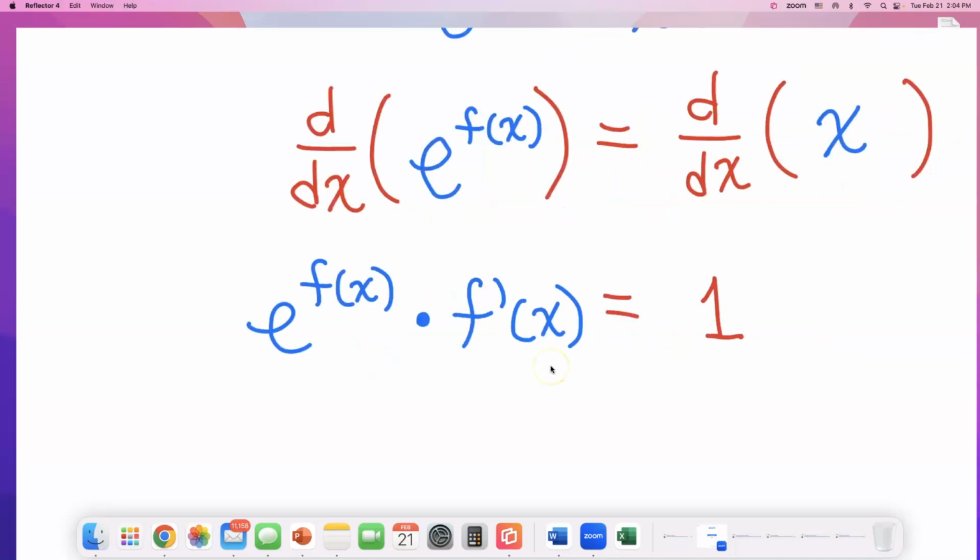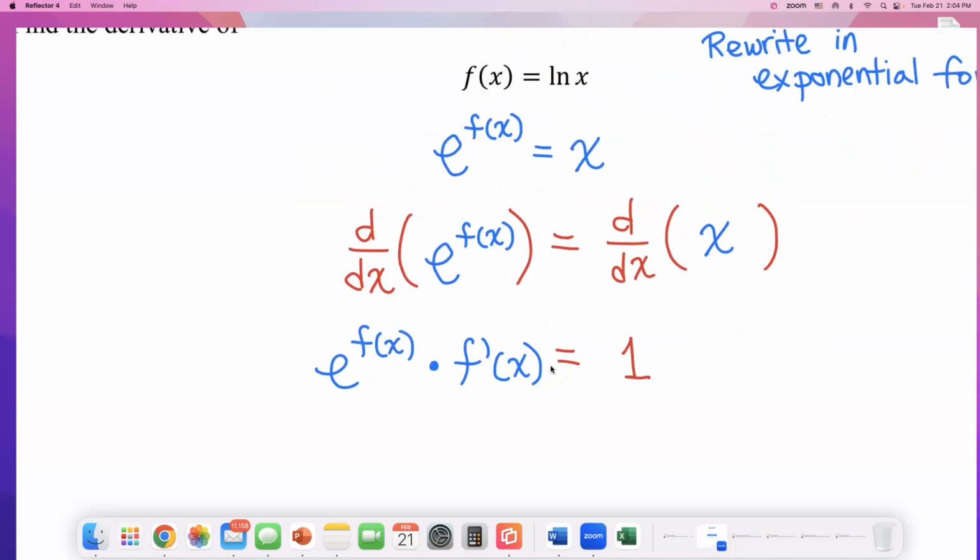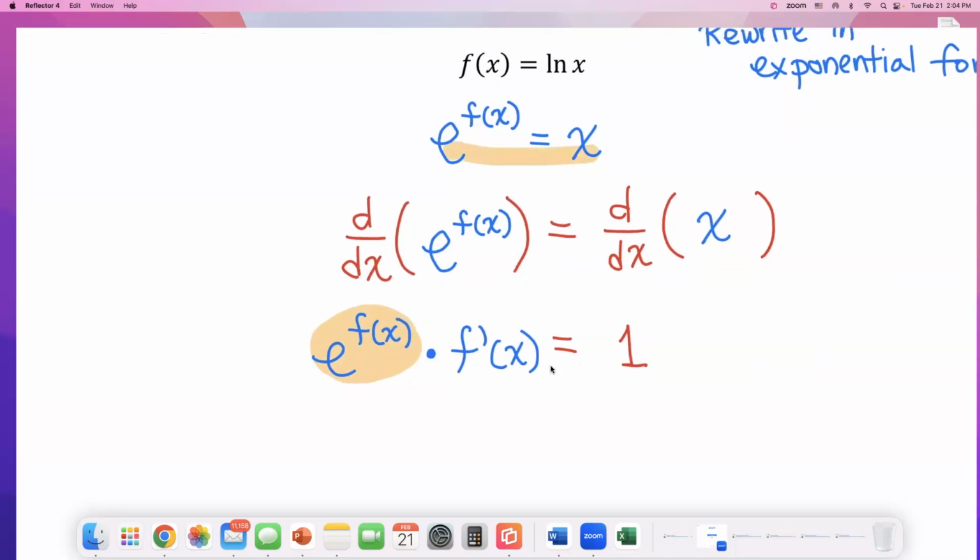Now, let me take a look at this. All right, look at this for me, okay? What's this orange chunk? What is that orange thing? Isn't that what x is, right? See, e to the f of x is x.